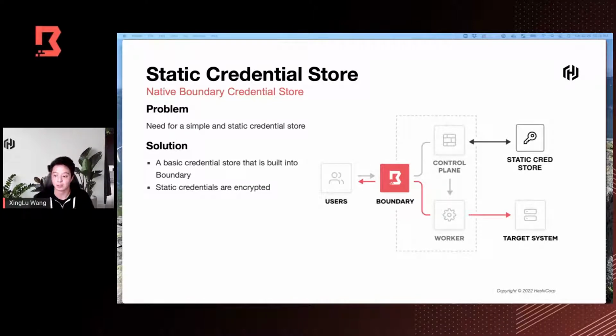And that's why we built the static credential store within Boundary. It's just a simple and static store that's encrypted and all built into Boundary. And right now we currently support usernames and passwords, and we're looking at new credentials to add to that in the future. And I will pass it on to demo, I think.